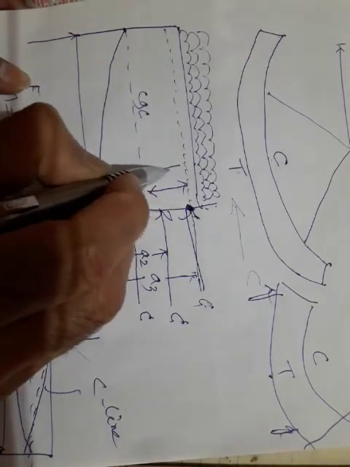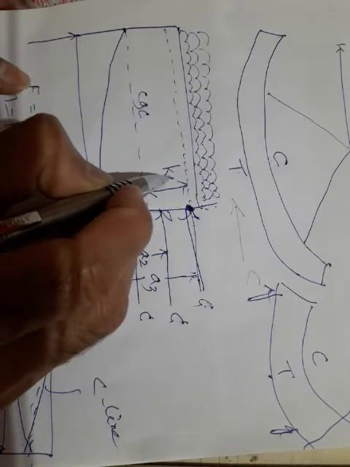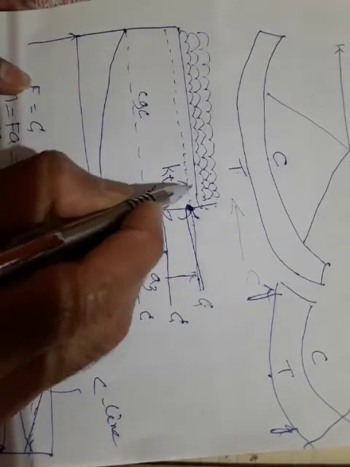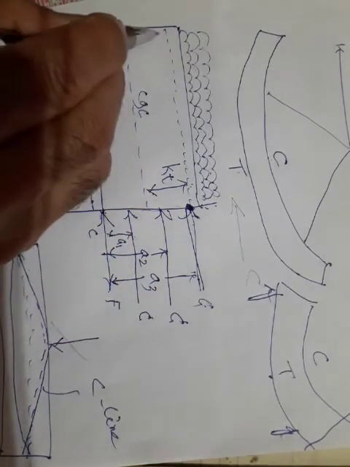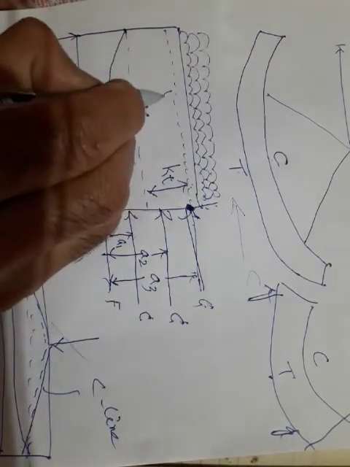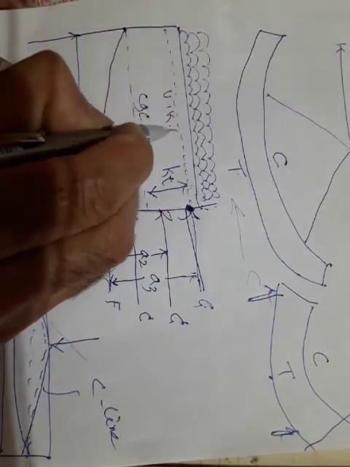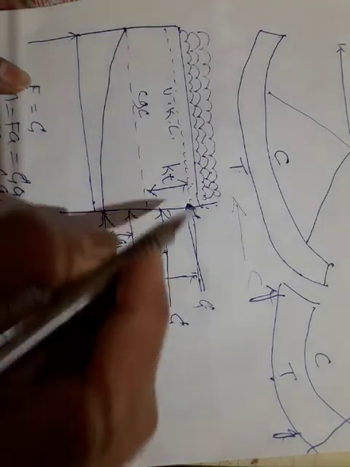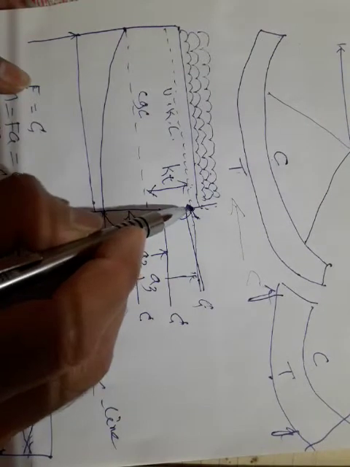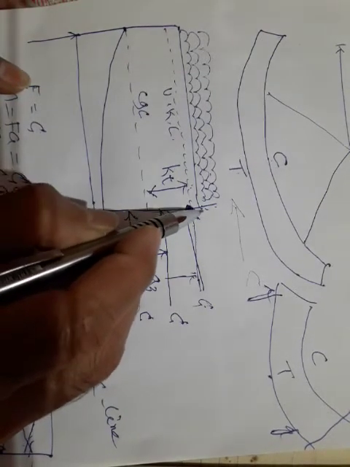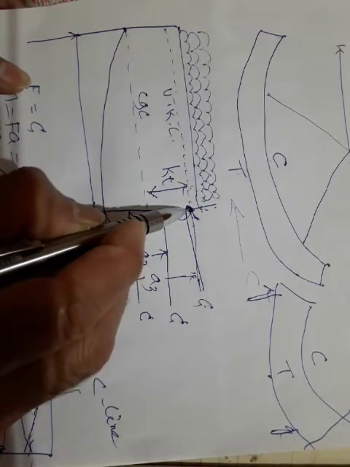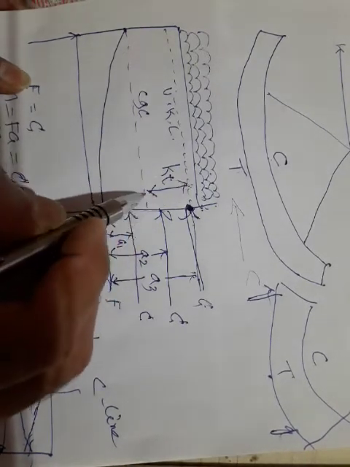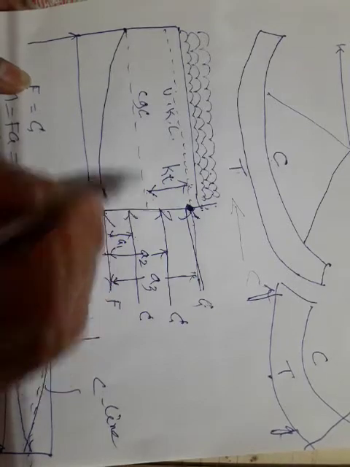This distance I will call the upper kern distance, and this line we call the upper kern line. I should not allow the C force to act beyond this limit. So this distance is KT, the upper kern distance from CGC.